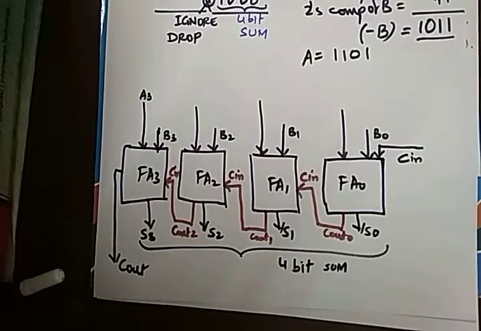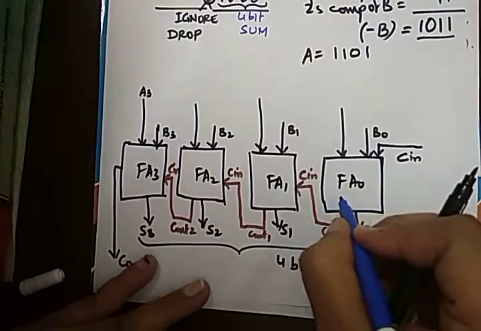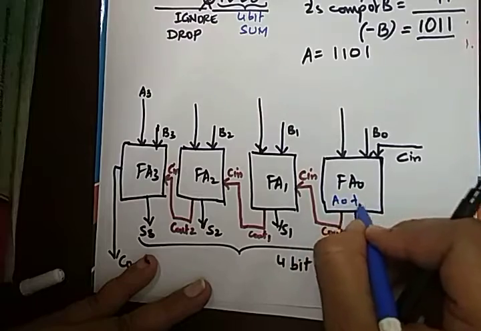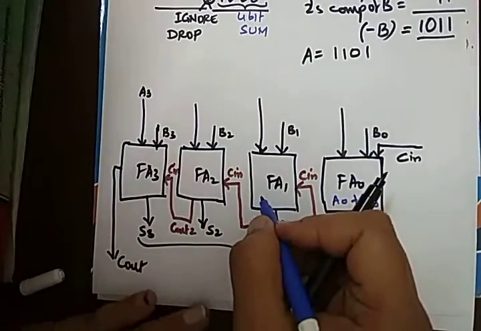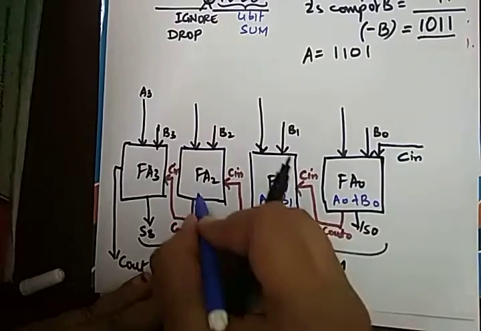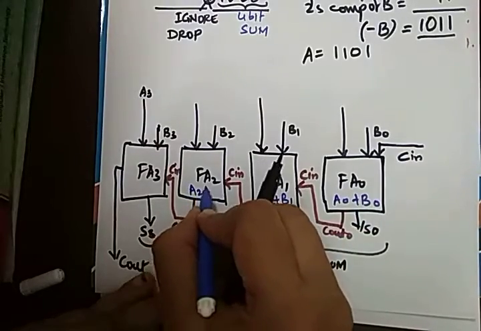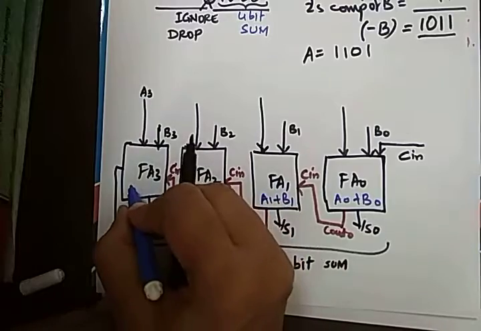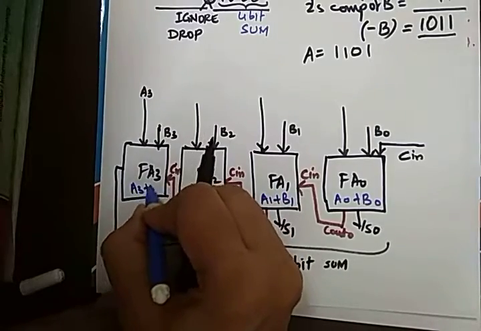The first full adder was doing nothing but A0 plus B0. The next full adder does A1 plus B1. The next was doing A2 plus B2. And this was doing A3 plus B3.